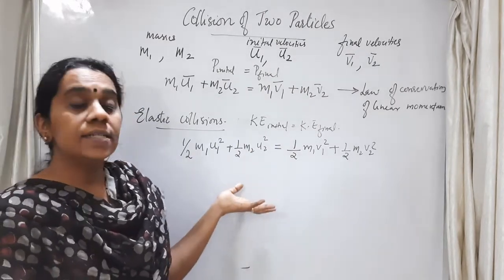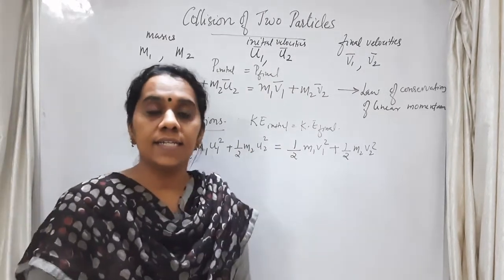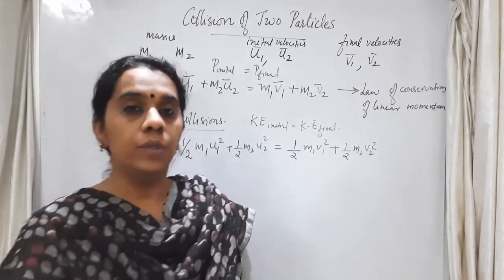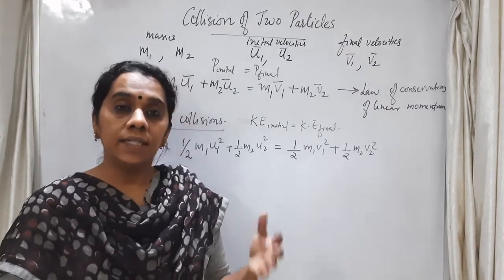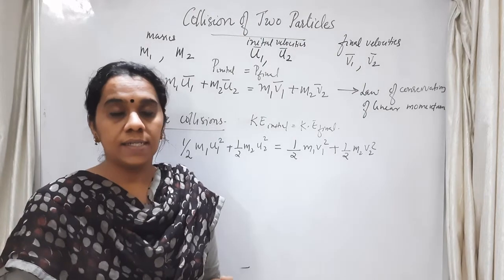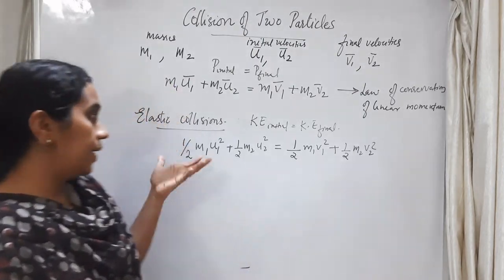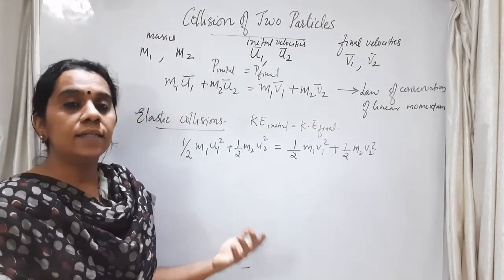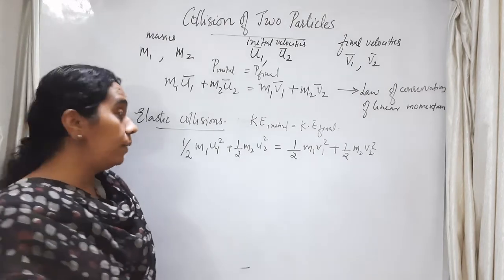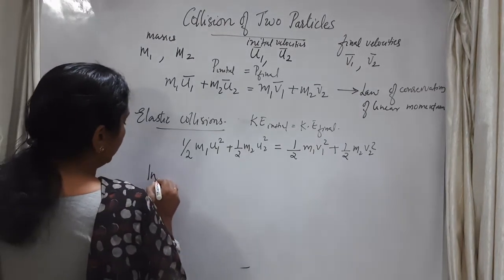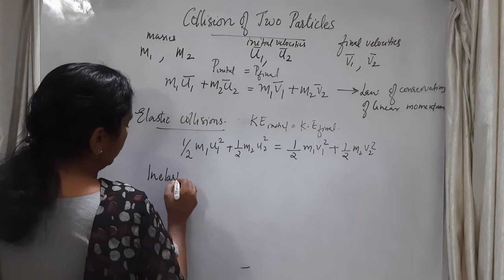Whereas it is not necessary that kinetic energy is conserved in all collisions. In certain collisions kinetic energy will be conserved; such collisions are known as elastic collisions. In certain other collisions the kinetic energy may not be conserved, and such collisions are known as inelastic collisions.